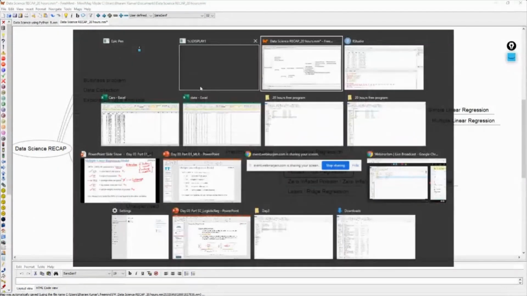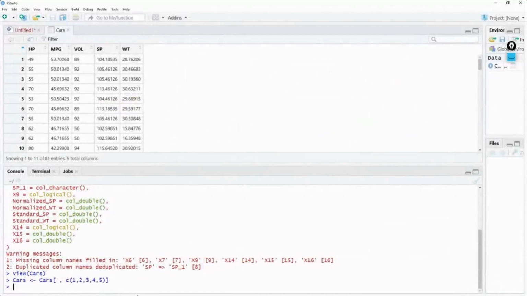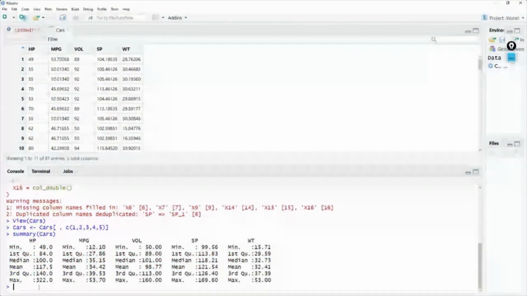So we need to explore the data. That means you need to find the mean, median, mode, standard deviation, variance, range, all of that. For that, the shortcut is summary. If you just say summary of cars, you have the data.